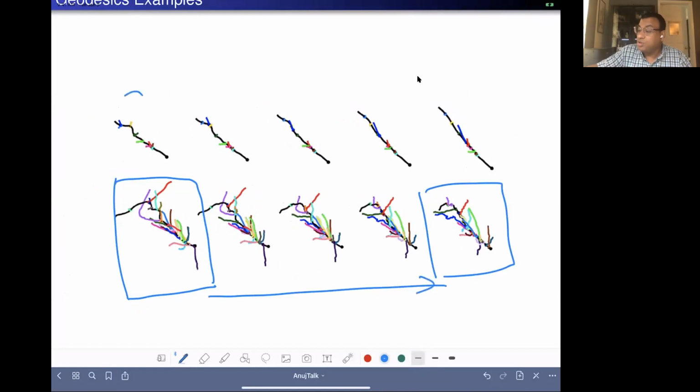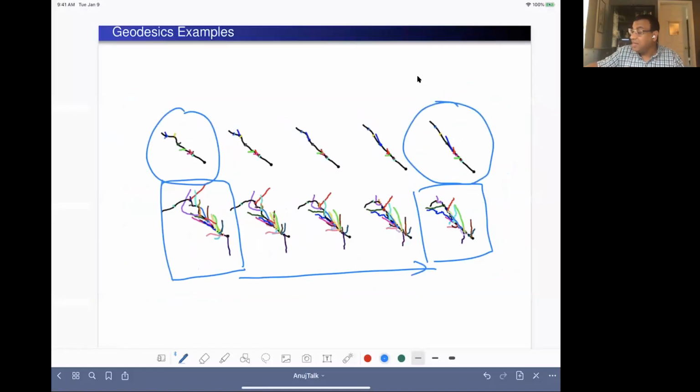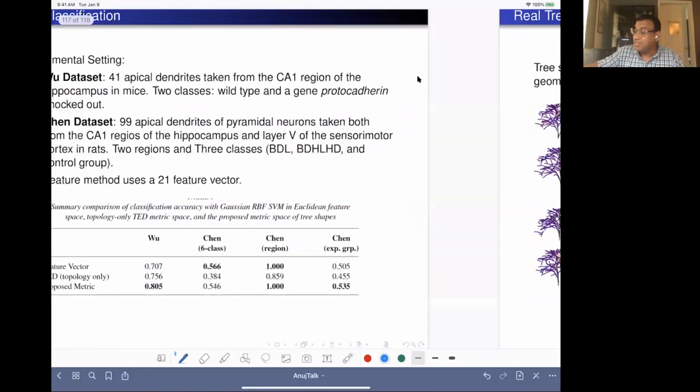The top row shows the same thing, but with a much simpler structure. But you can understand the difficulty in doing that. Not only are we trying to figure out which point on a curve goes to which point, we are even trying to figure out which branch goes to which branch. So there is a layer of difficulty in registration when we handle that, and we use this for classification.